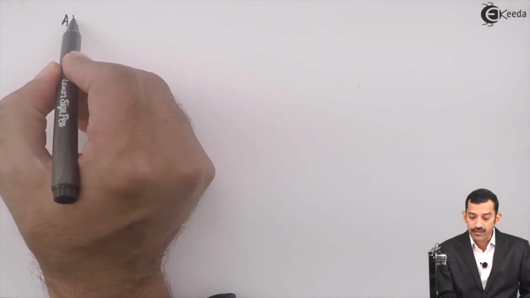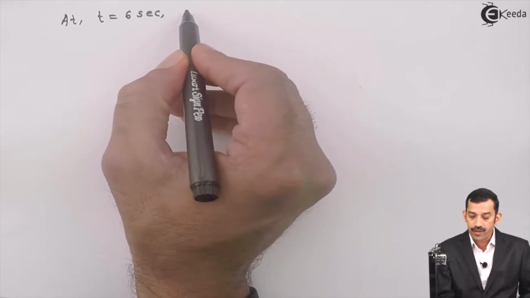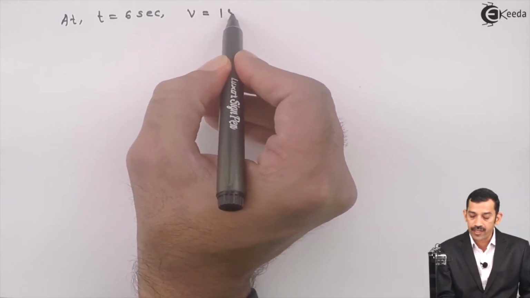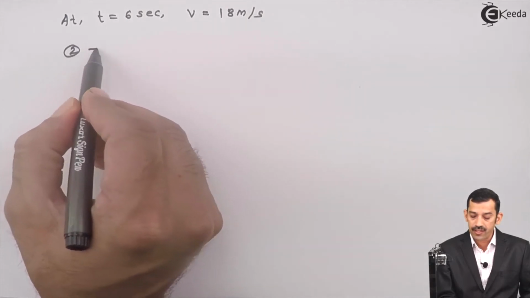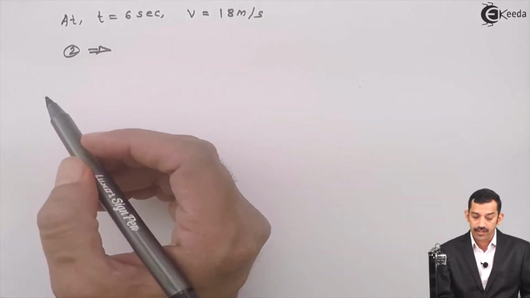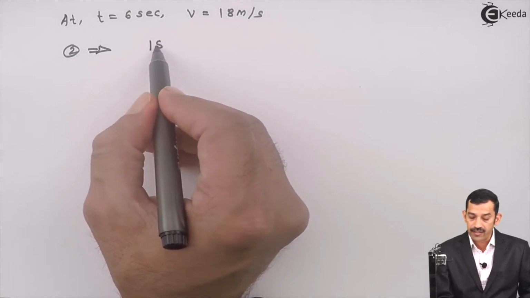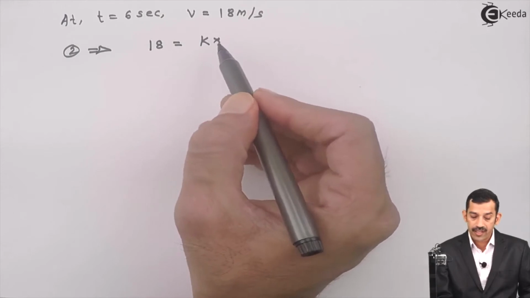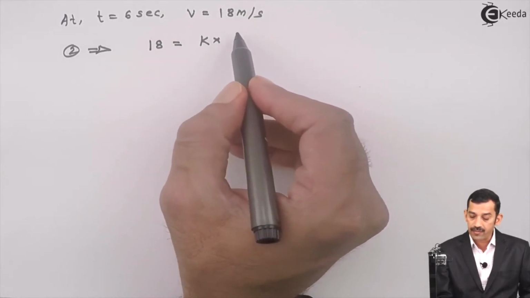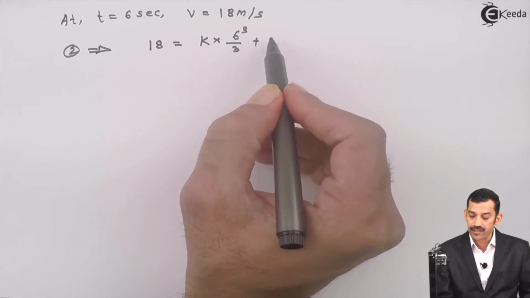At t equal to 6 seconds, velocity equals 18 meters per second. Now if we substitute this time and velocity in equation number 2, we get 18 equals k into 6 cube divided by 3 plus c1.